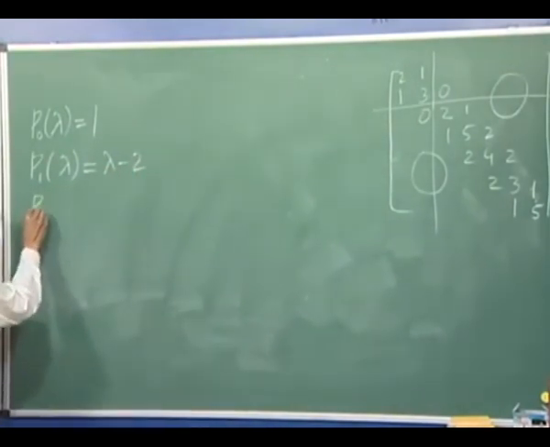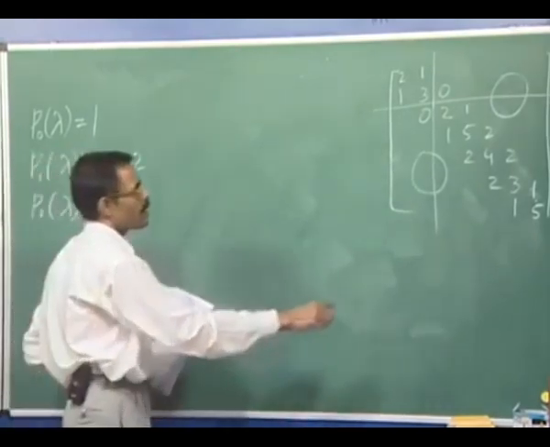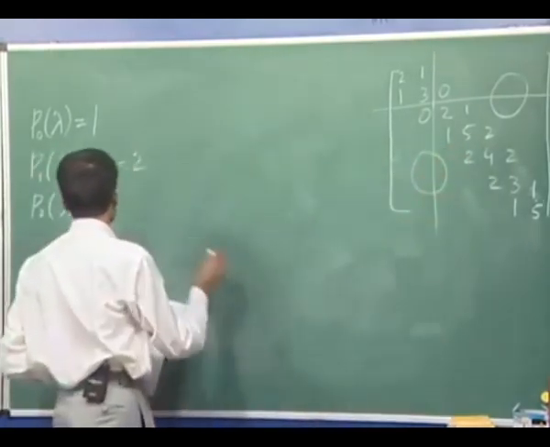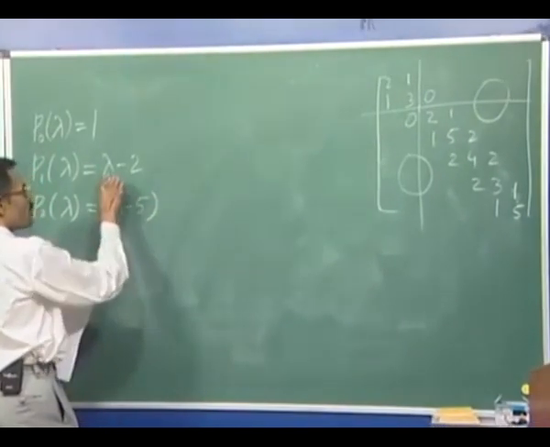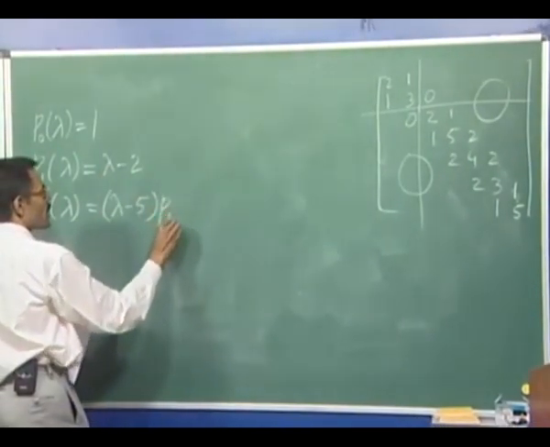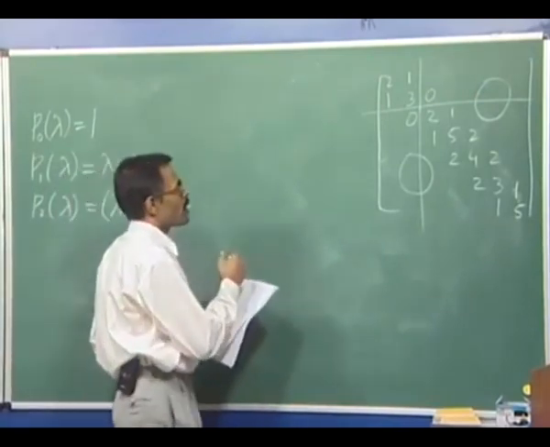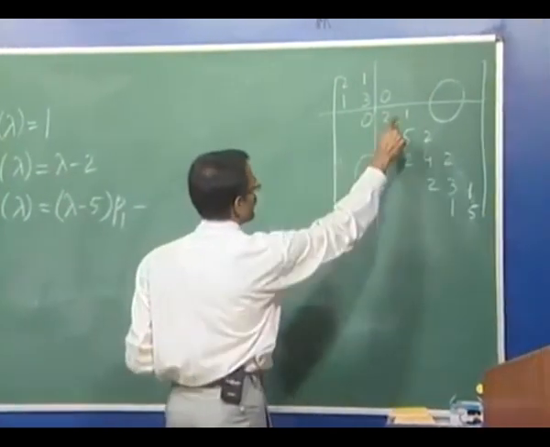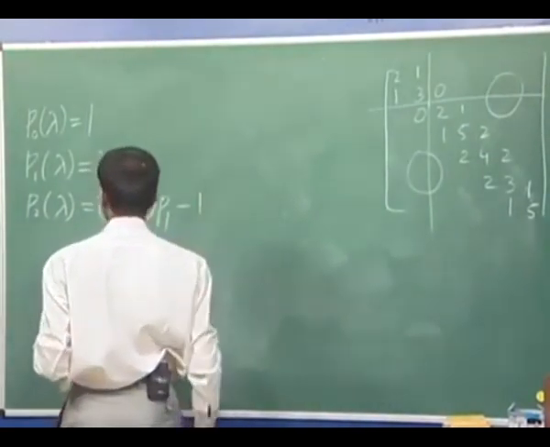Next, p2 will be lambda minus d2, that is lambda minus 5, into p1, minus E1 square, that is 1.